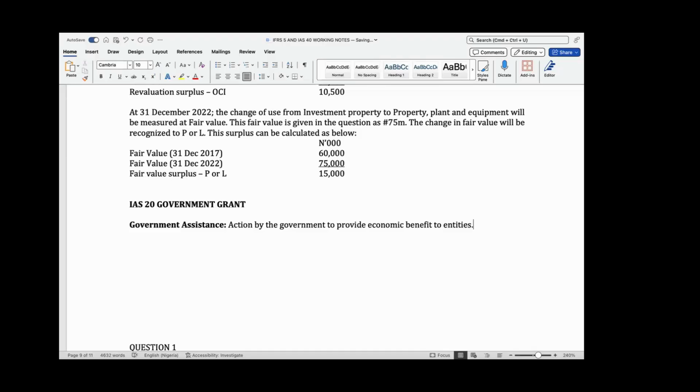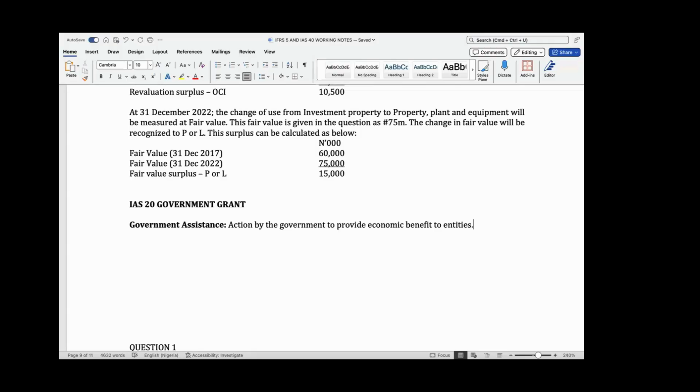So maybe they will have a criteria for giving it to them, but any action. And that action would involve providing benefits to them, whether monetary or non-monetary, but that's government assistance.